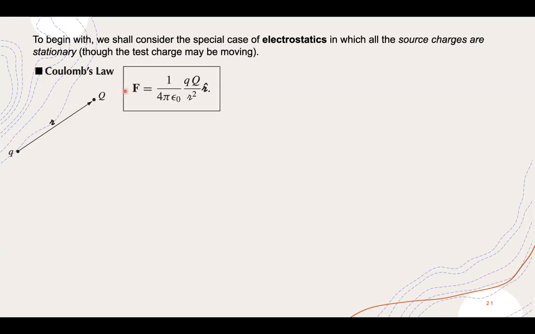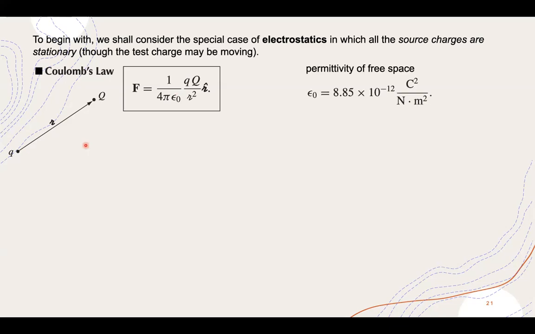It says that force is a vectorial quantity, and this is given by 1/(4π ε₀), the product of these two charges, q times Q, divided by r², and r cap is the unit vector in the direction of this r.